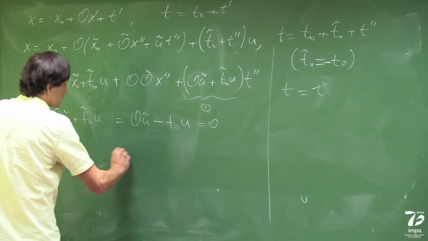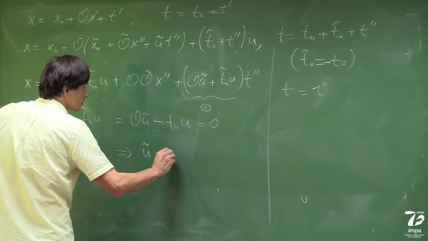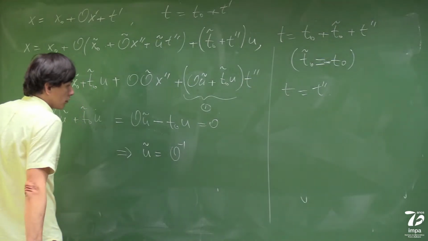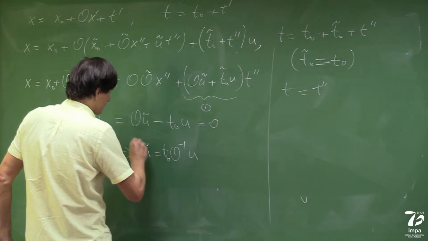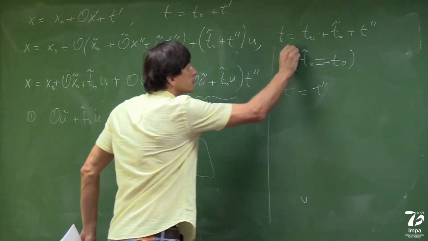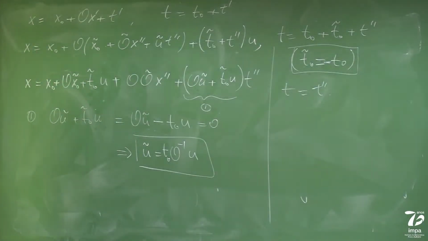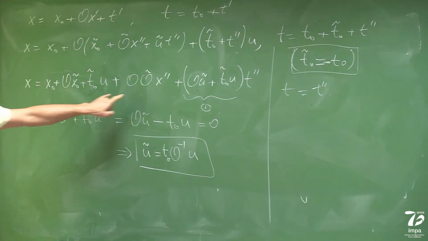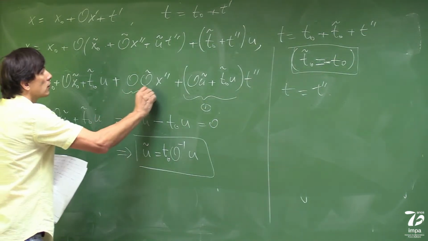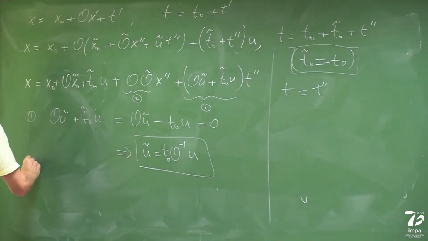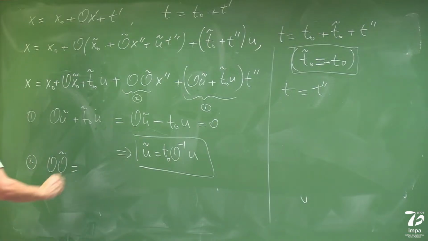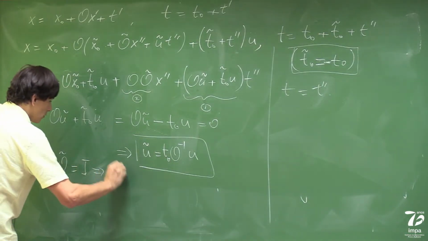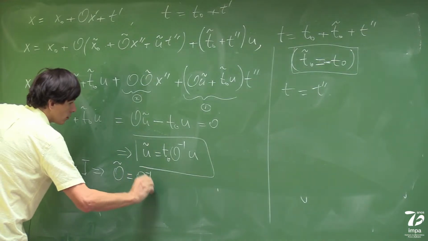Okay, so we found that U tilde is the inverse matrix by t0 U. So that is the second relation. And then this should be identity, which means that it's just the inverse matrix.